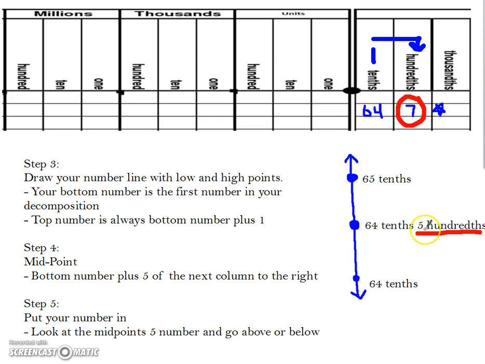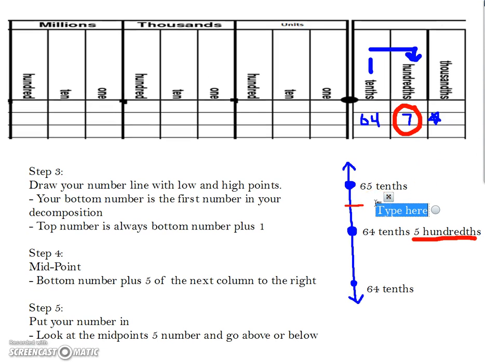So I asked myself, is 7 above 5? Or is it below 5? And in this case, our number 7 is above 5. So I'm going to draw in my number, which is 64 tenths and 7 hundredths, up from the top.